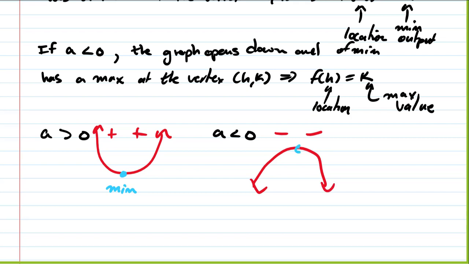And in that case, it's going to have a max at its vertex. I know it's stupid cheesy, but it will help you remember if your graph has a max or a min, or if it opens up or if it opens down. So the sign of a determines whether it opens up or down, and that's going to give us a max or a min. All right.